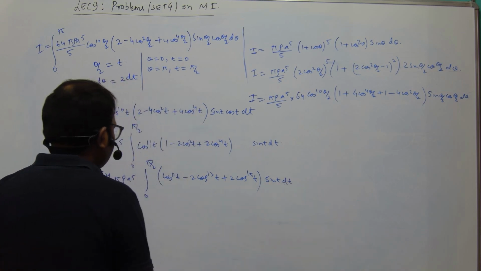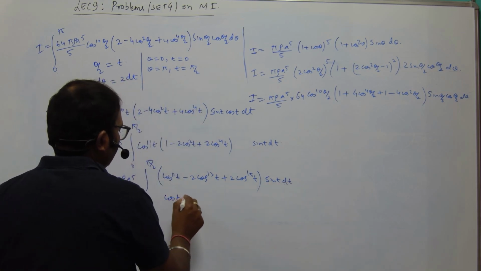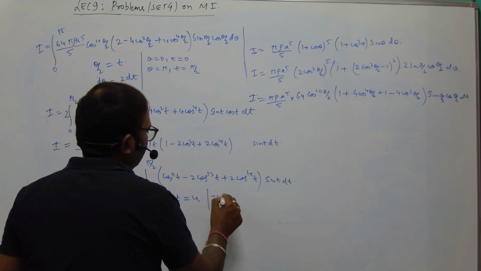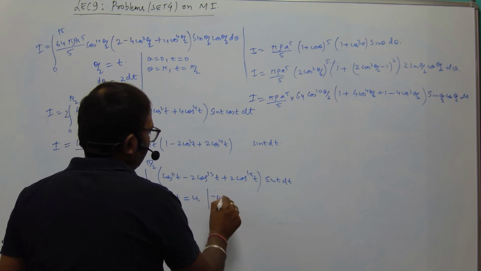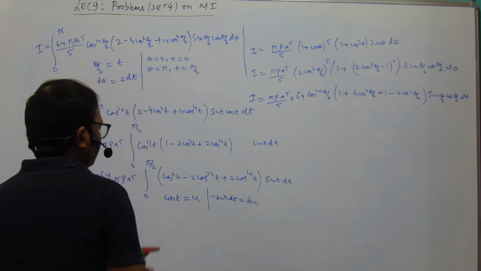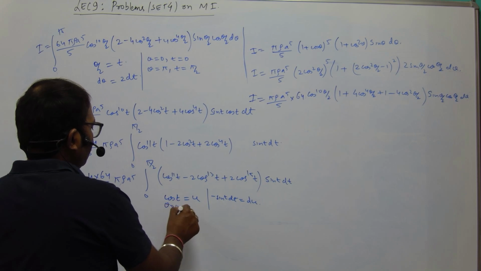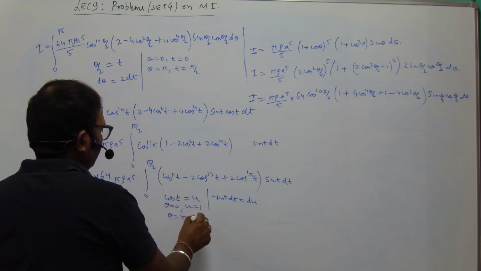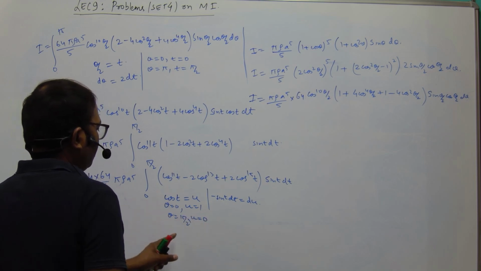Okay, so let us take cos t is equal to u, then we have minus sin t dt is equal to du. So when theta is equal to 0, we have u is equal to 1, and when theta is equal to pi by 2, u is equal to 0.